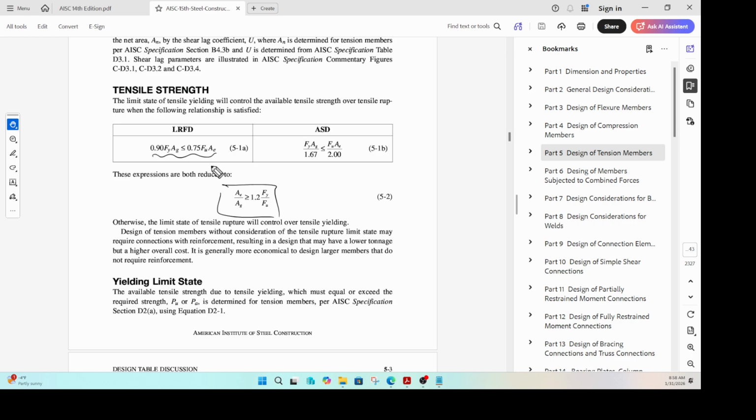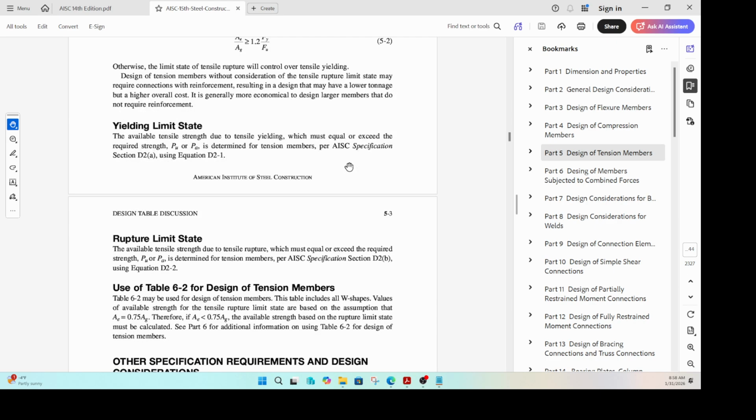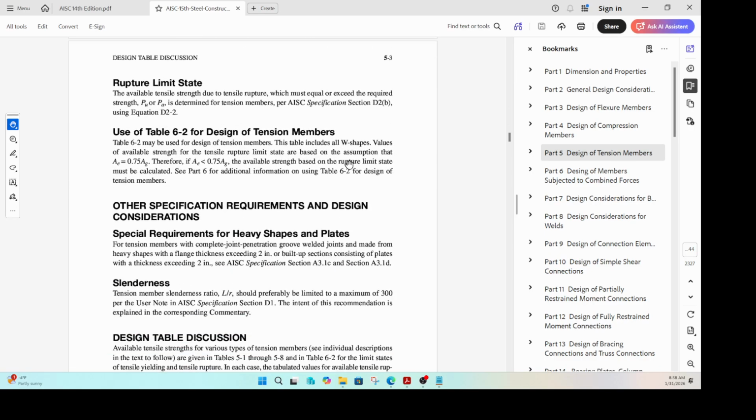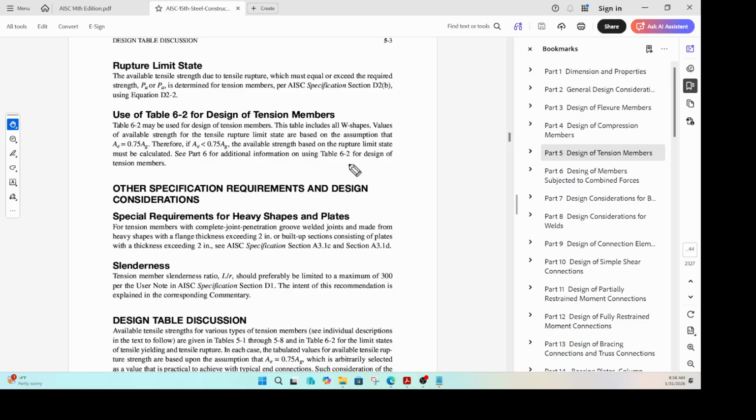In an exam setting, we will have to calculate the yielding strength separately, the rupture strength separately, and then compare those two and pick whichever gives us a lower number. So again, this part two is not useful. There are design tables, for example 6.2, and a bunch of other design tables, but they come with a very important assumption: the effective net area is assumed to be 0.75 times A gross.